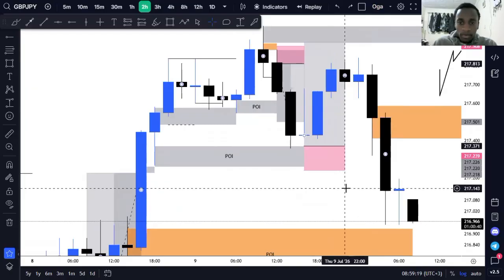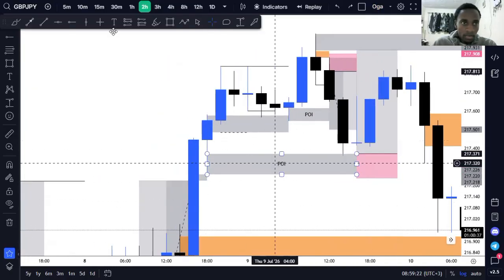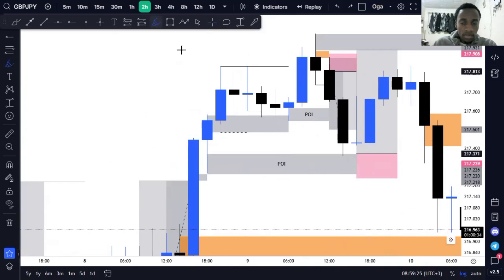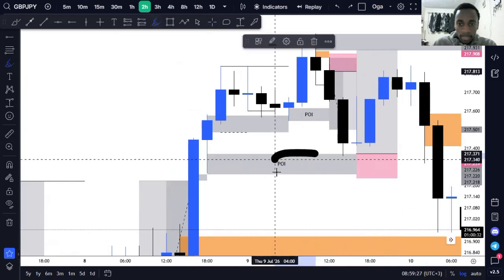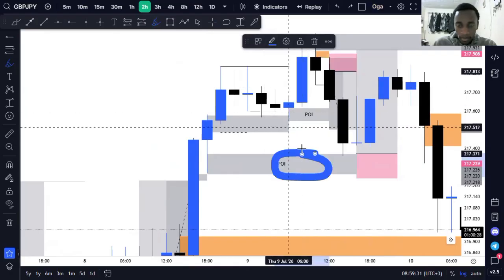But before price pulled back to this area, let me just show you, let's use a different color, maybe blue.